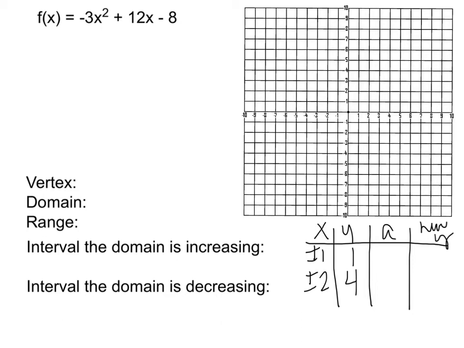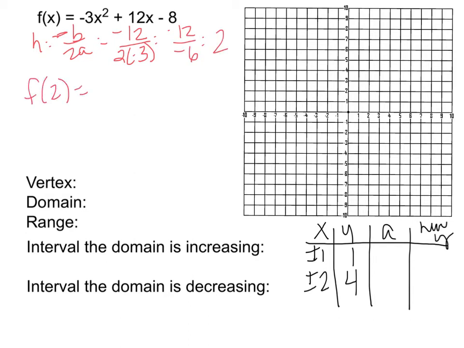So my vertex for this problem, my h value is going to be negative b over 2a. So I get negative 12 over 2 times negative 3. So negative 12 over negative 6 is a positive 2. Then you plug that back in.